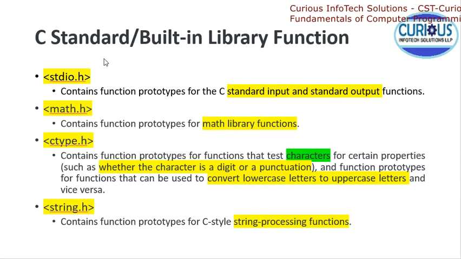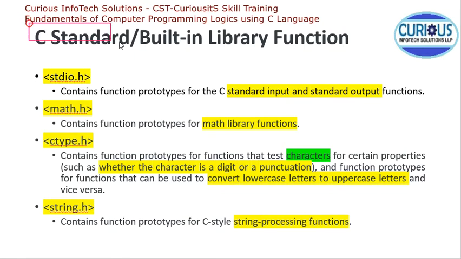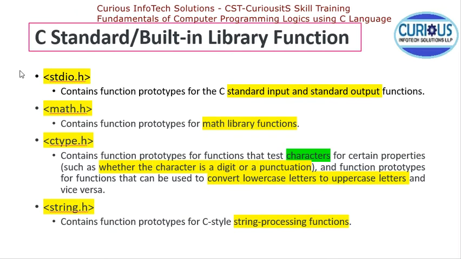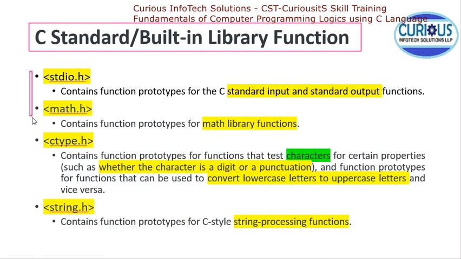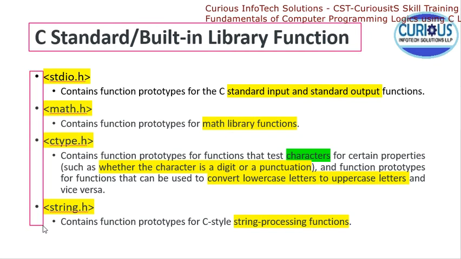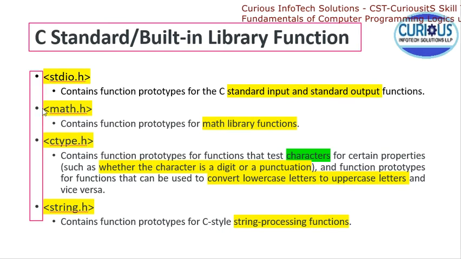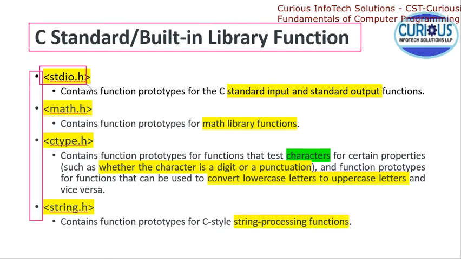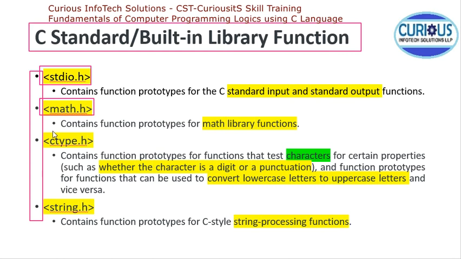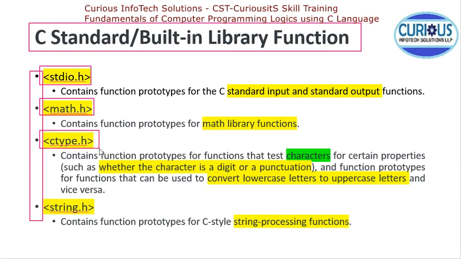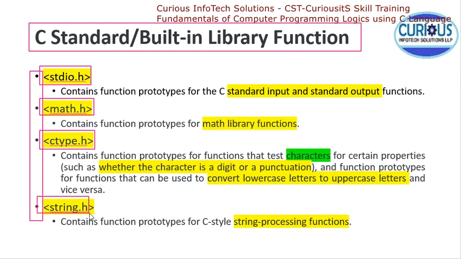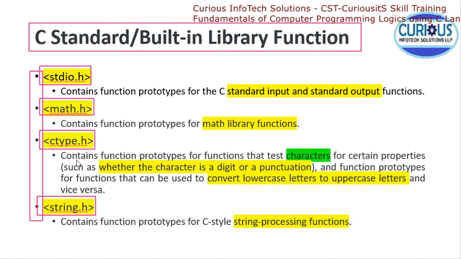Now we will see in the next slide the built-in function types. In C standard and built-in functions, there are many header files, of which we will understand some popular and commonly used ones. These are, very first, stdio.h, then math.h, ctype.h, and one more very useful header file known as string.h.